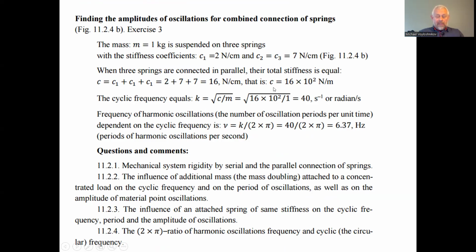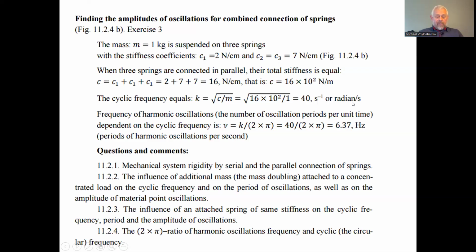That is, the stiffness of all springs together acting on the load is 16 by 10 squared Newton per meter. For the cyclic frequency, we substitute the mass of 1 kilogram and the stiffness 16 by 10 squared, and we will have 40 seconds to the power minus 1. This is the cyclic frequency in radians per second.